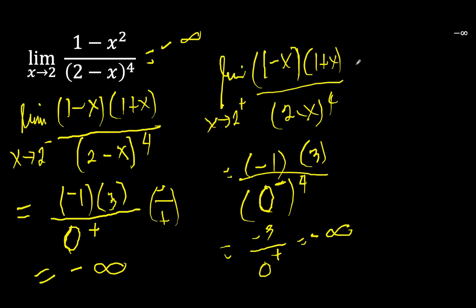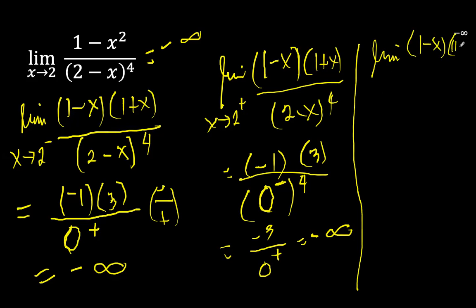Okay, so how do we verify if our answer is really negative infinity? Correct. So let's use the specific given, x approaches 2. So the limit of 1 minus x times 1 plus x over 2 minus x raised to 4 as x approaches 2. So let's do direct substitution. Again, the values of x that we're going to consider here are values which are close to 2, either less than or greater than 2.